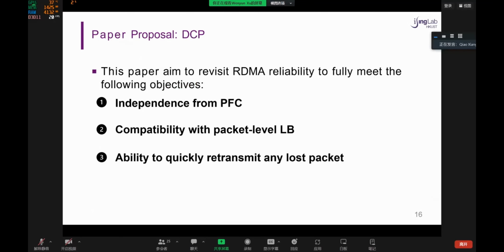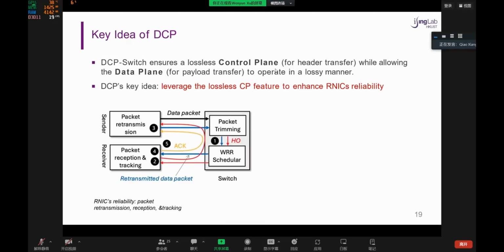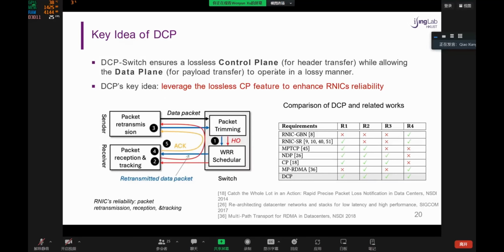So what's the fundamental difference between DCP and NDP? Yeah, slide number 20, please. Oh, it's a little slow.